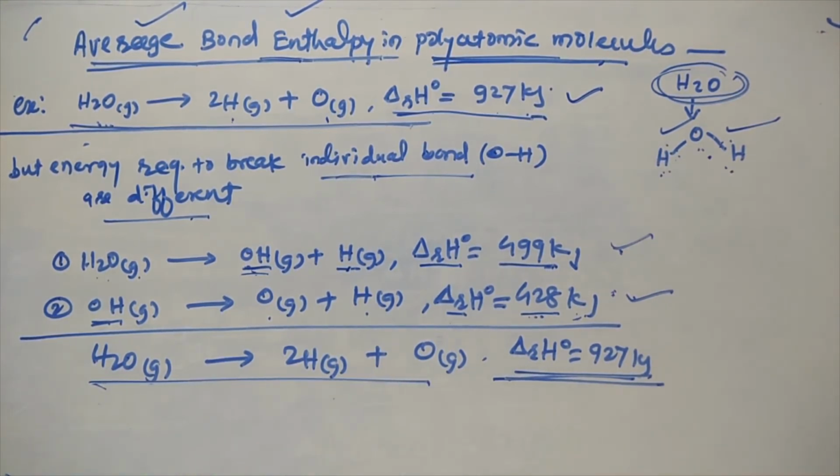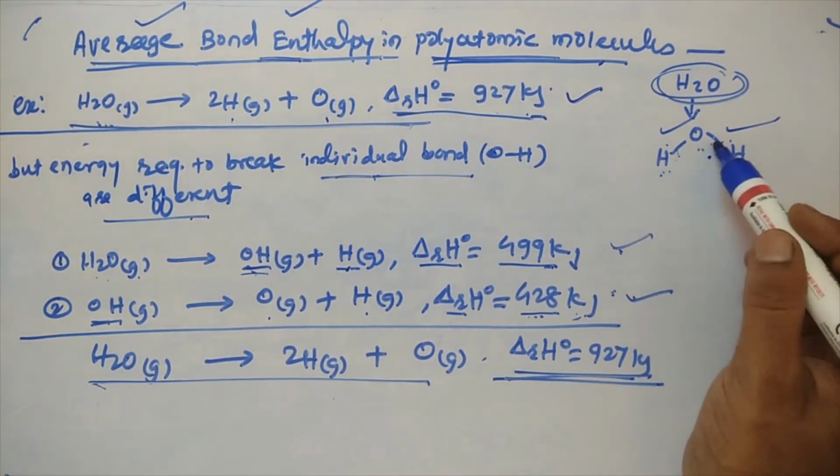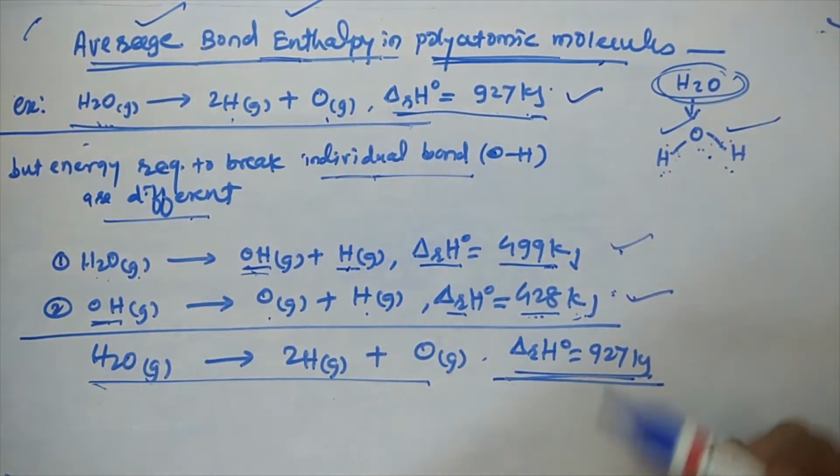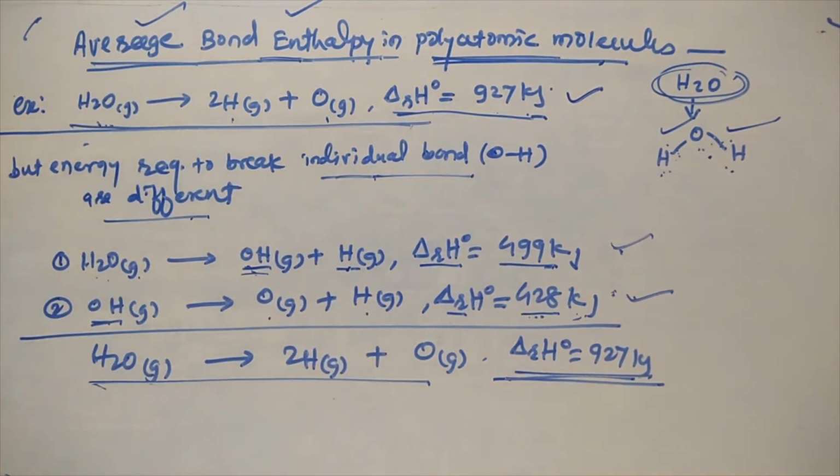Now see, in case of H2O particularly, the 2 bonds are identical, but the bond enthalpies are found to be different. In this case, we have to consider the average bond enthalpy. That is, for polyatomic molecules, the average bond enthalpy of a particular bond is considered, the average bond enthalpy of the OH bond.